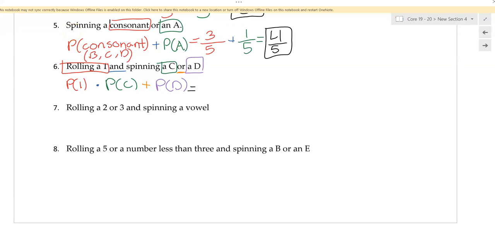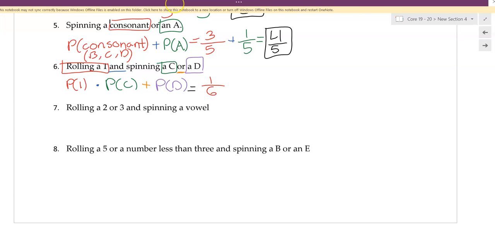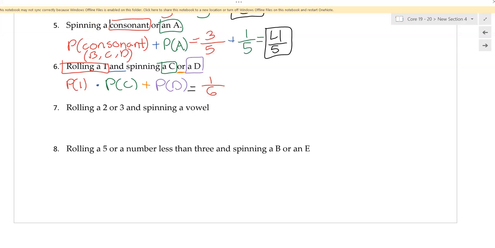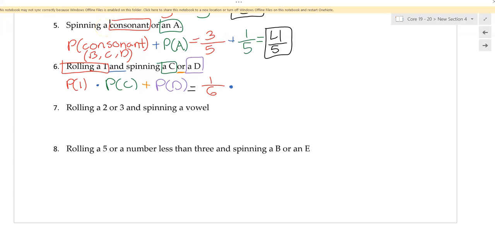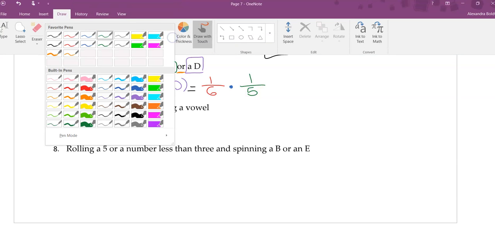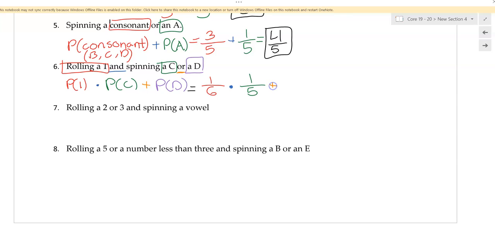So what is the probability of getting a 1? The probability of getting a 1, well, there's 1 on a die out of your 6 options, times the probability of getting a C, well, there was one C out of 5 options, plus the probability of getting a D, well, there's one D out of 5 options.